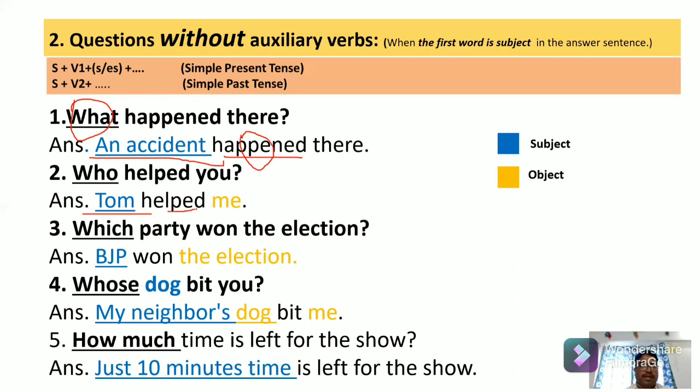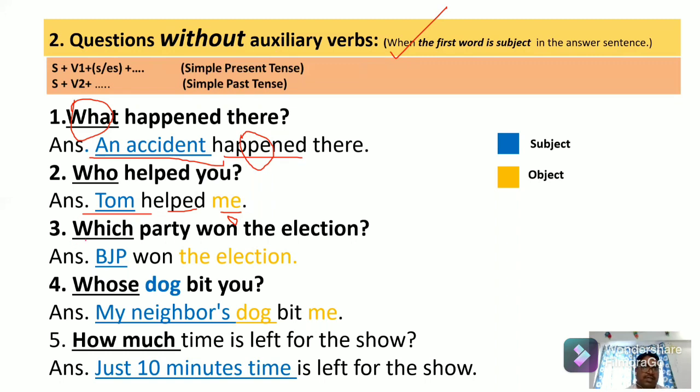So helped is the main verb, and me is the object, correct? Tom is the subject, and it is coming before the main verb in the sentence, and it is going perfectly well with the rule given here. When the first word is the subject in the answer sentence, that time we make questions without auxiliary verbs.